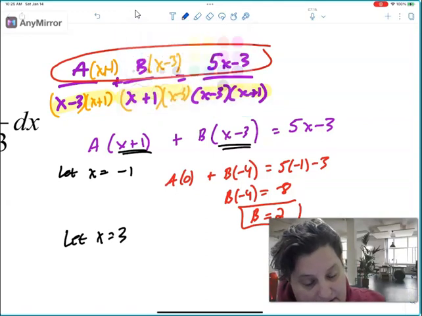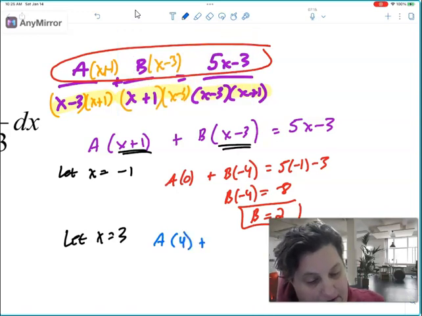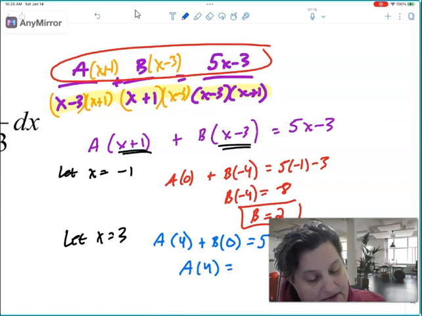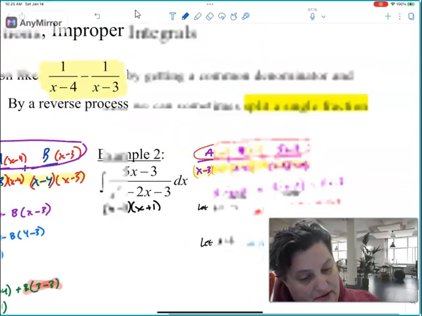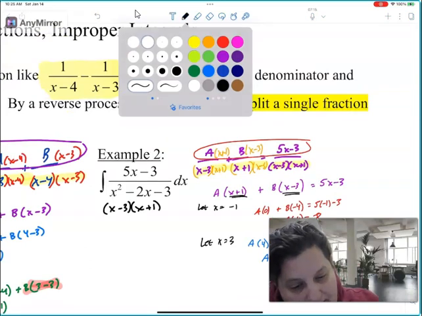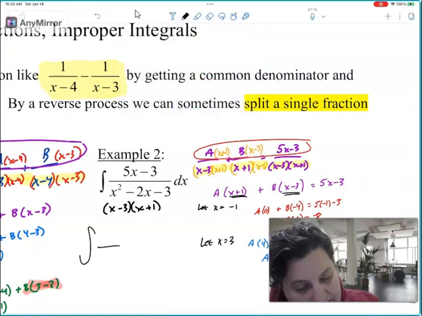And now I go, okay, A and 3 plus 1 is 4. B and 3 minus 3 is 0. And that equals 5 times 3 minus 3. So A times 4 is 15 minus 3, so that's 12. A is 3.